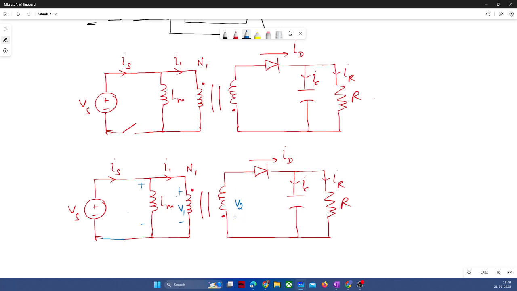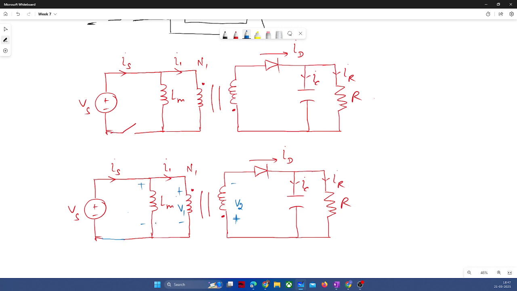Wherever the dot is there, since in the primary, wherever the dot was, we placed the positive polarity of the supply. That's why we should follow the trend, and in the secondary also, wherever the dot is present, we should present the same polarity as the primary. So we ended up with this kind of polarity, right?